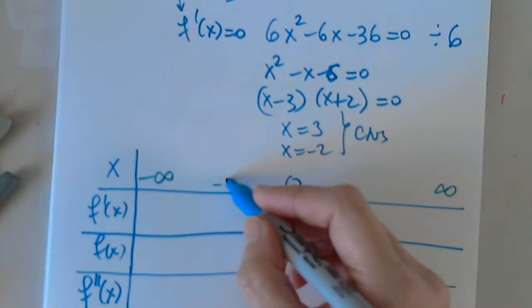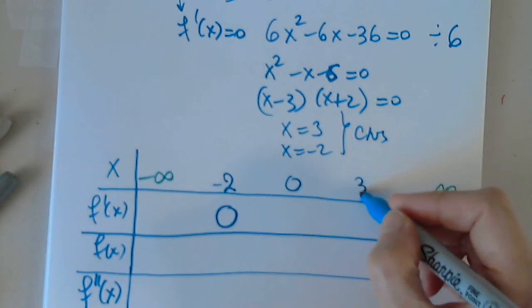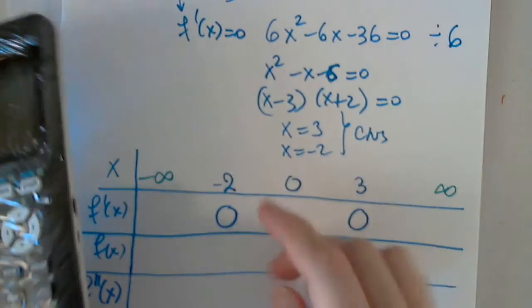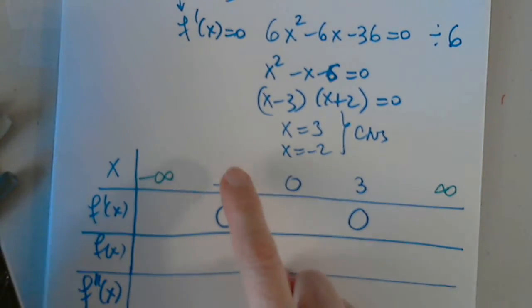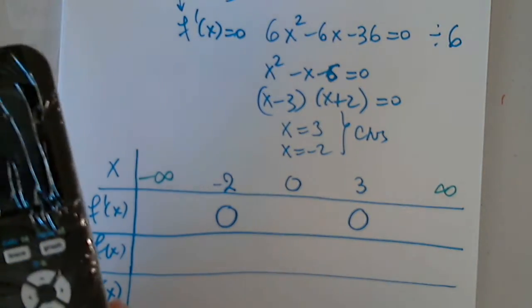And now I have a negative 2 where the first derivative is 0. I have a 3 where the first derivative is 0. I'll get my calculator and plug the original function in to determine the y value. When x is -2, what is the y value? When x is 3, what is the y value?